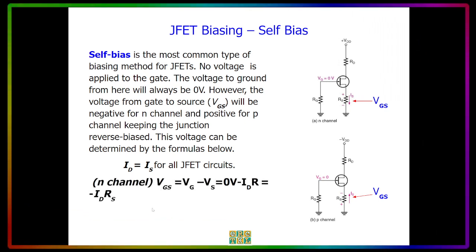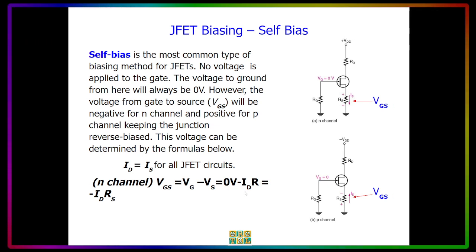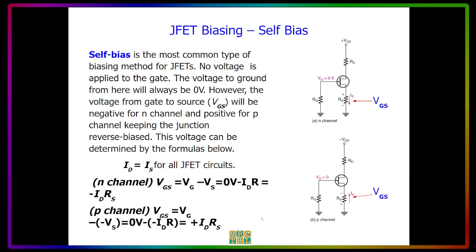For N channel, the VGS, as you can see here, will be VG minus VS, and VG is 0, so 0 minus ID RS. So that will be equal to negative ID RS.